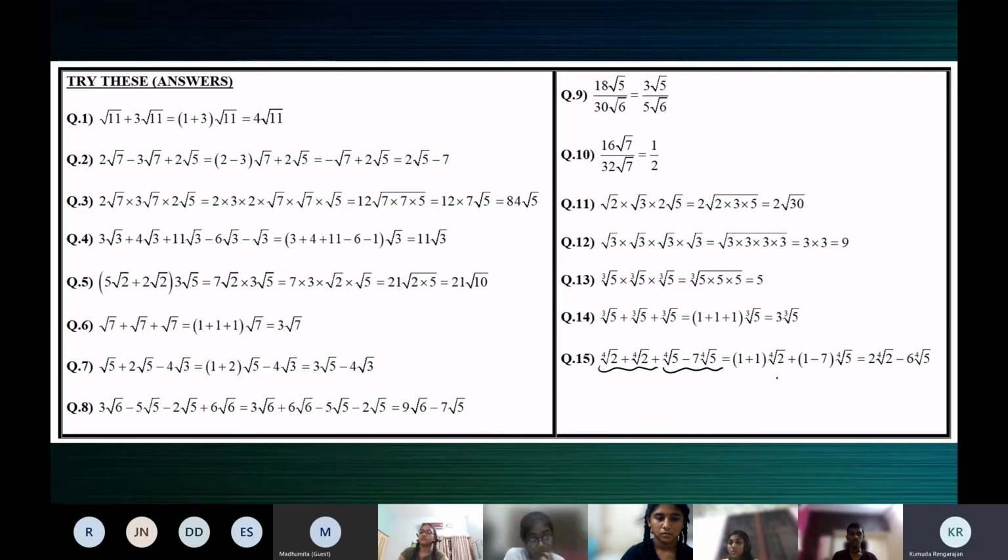So you'll have to simplify them separately. So we get 2 4th root of 2 minus 6 4th root of 5.